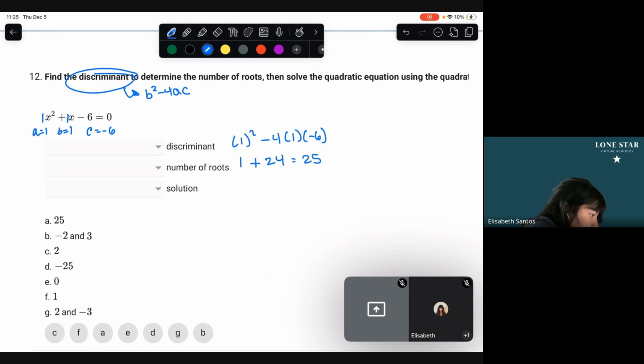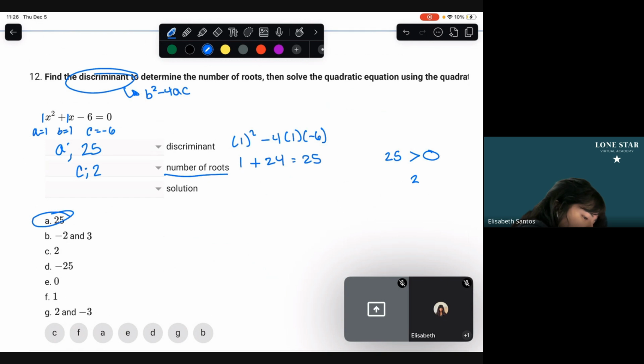So our discriminant is 25, which is A. Now to determine the number of roots, we look at this value and it's greater than 0. So if it's greater than 0, it has 2 real roots. That'd be C, 2. This is A.